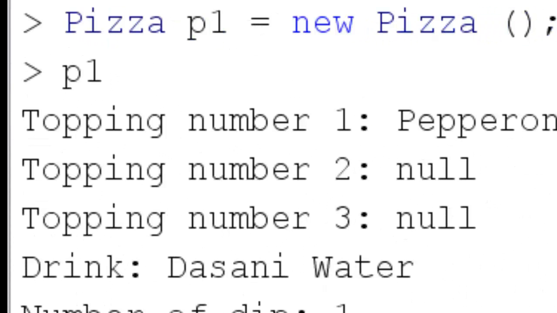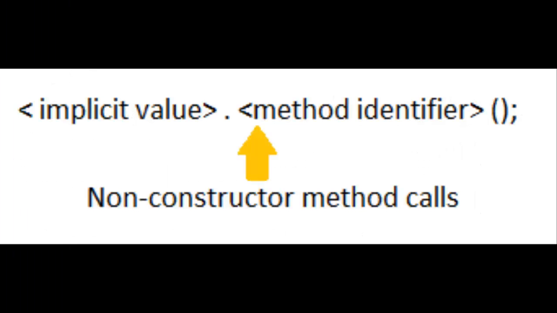So the way we call it is a bit different than the instance methods. So let's name our pizza object P1. Now let's start off with pizza P1 gets new pizza, brackets, semicolon. This is how you call the constructor. So like I said, this is different than the regular instance method.